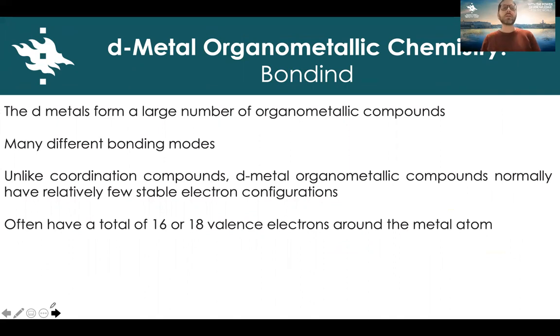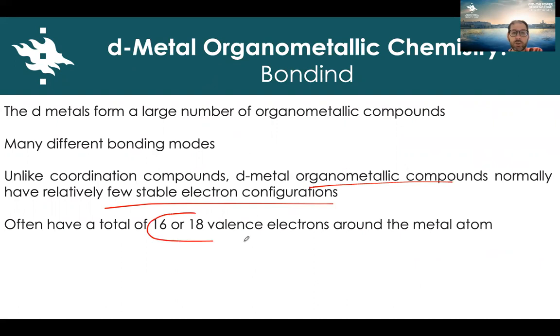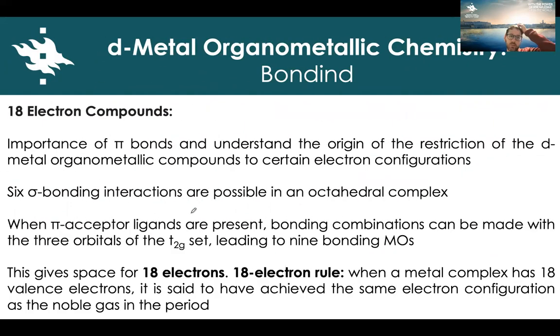Many different kinds of bonding modes have been observed, and unlike the coordination compounds, the organometallic compounds have relatively few stable electron configurations, corresponding to a total of 16 or 18 valence electrons around the metal atom.